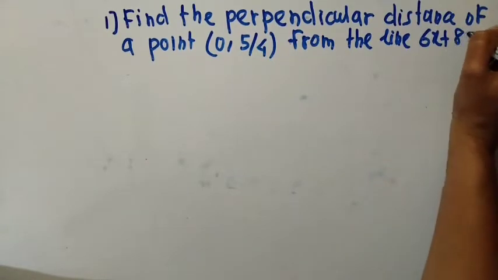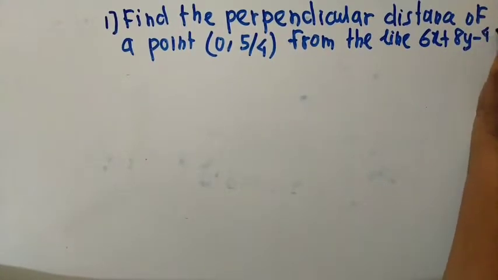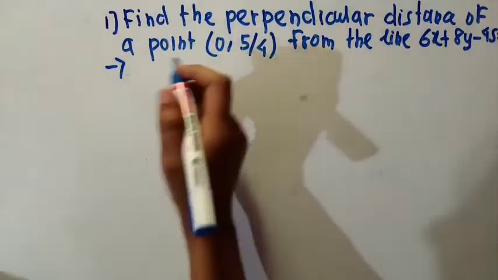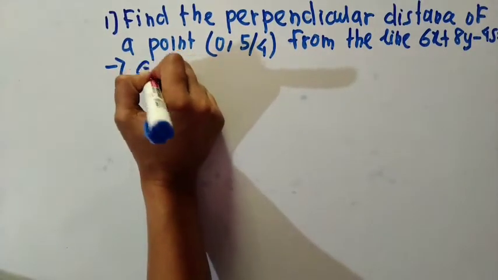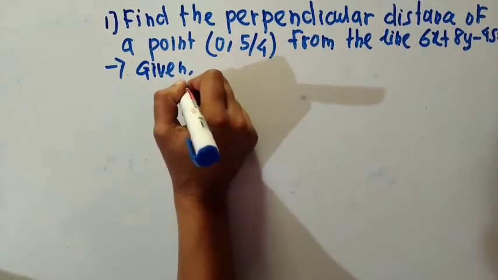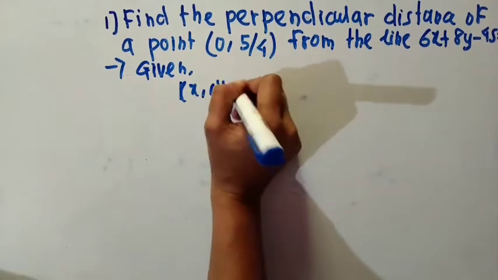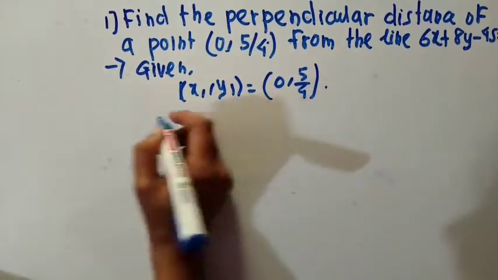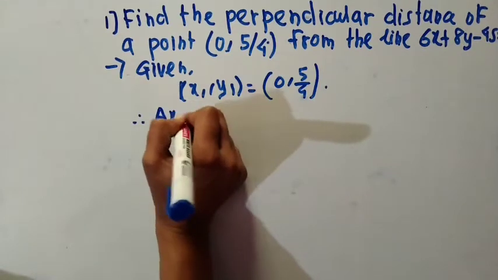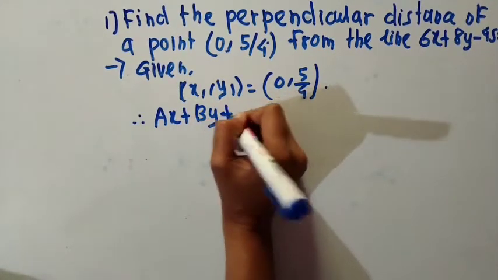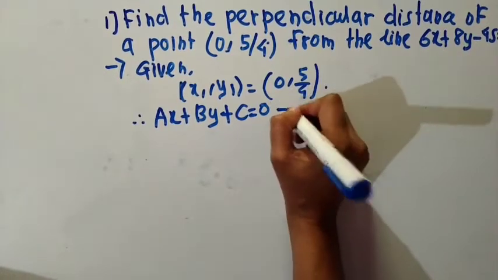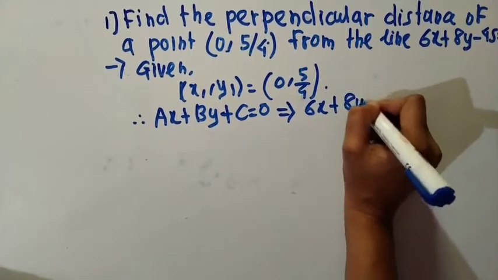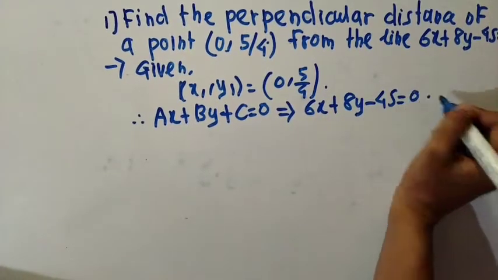6x + 8y - 45 = 0. First, given that (x1, y1) = (0, 5/4), and the line ax + by + c = 0 is this equation 6x + 8y - 45 = 0.